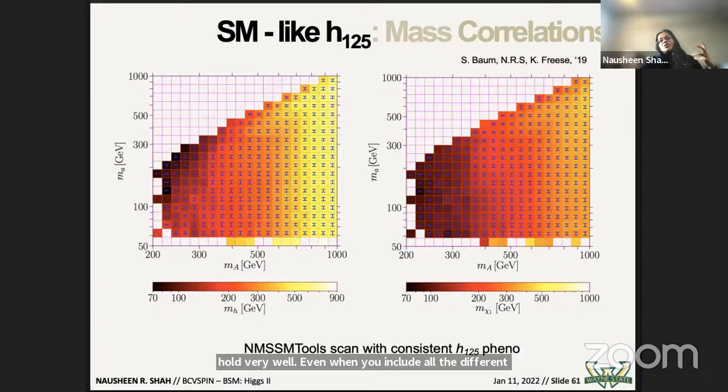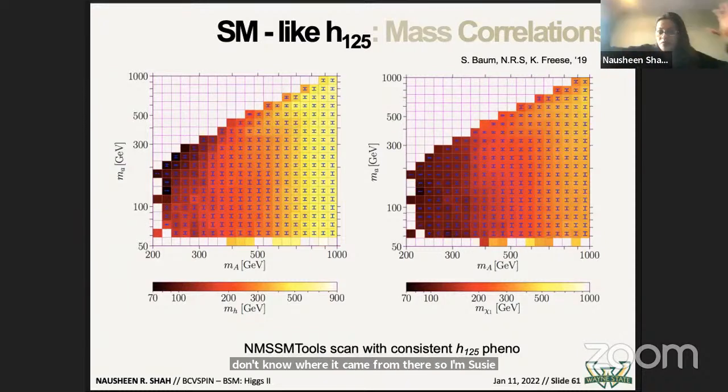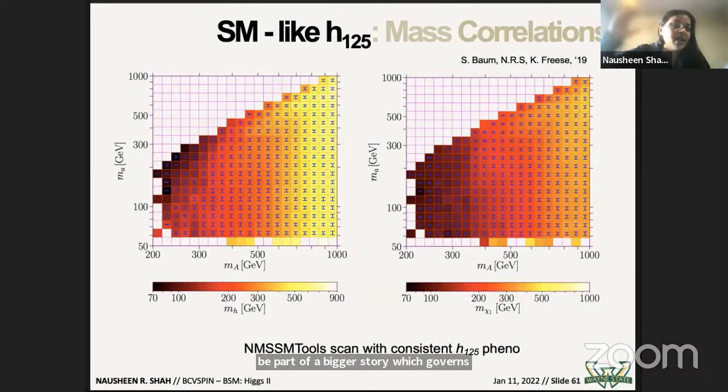So again, it seems to me that this is the type of story. The masses and these parameters that we've put in there are parameterizing our ignorance, right? We don't know where they came from. We put them there because there should be something. There's some SUSY breaking mechanism that happens, which should be part of a bigger story that governs that, and that's what we're trying to understand. But we only have access to what's happening at the low scale. And now we're looking at the low scale, and there seem to be these really interesting correlations, which tie things together.